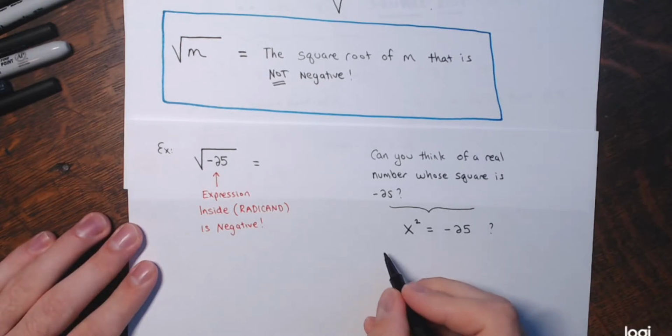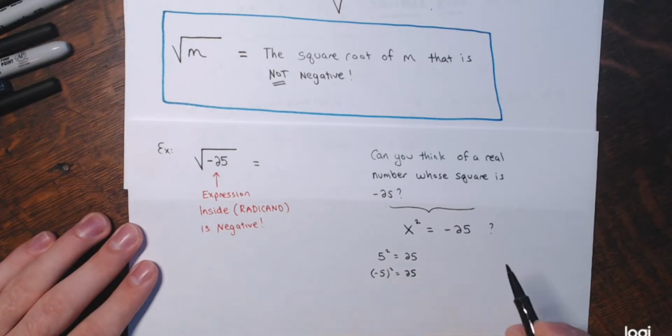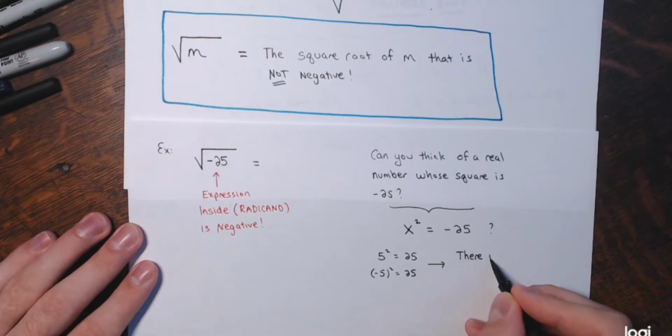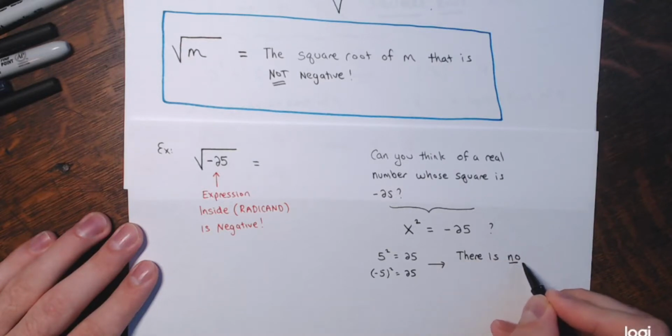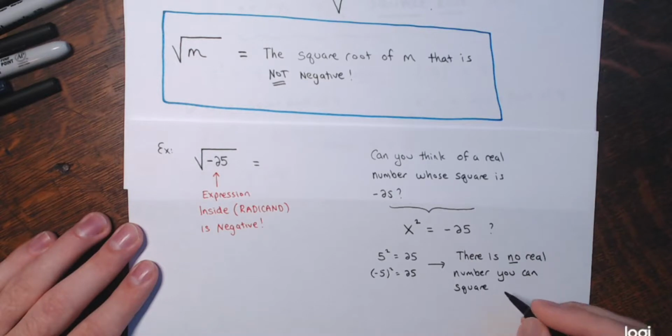Well, you might think, what about 5? 5 squared is positive 25. And then you're saying, what about negative 5? Negative 5 squared is also positive 25. Actually, there is no real number you can square to get a negative number.